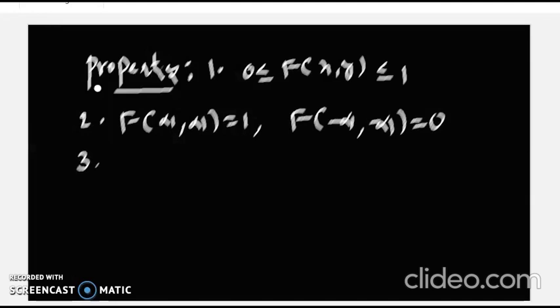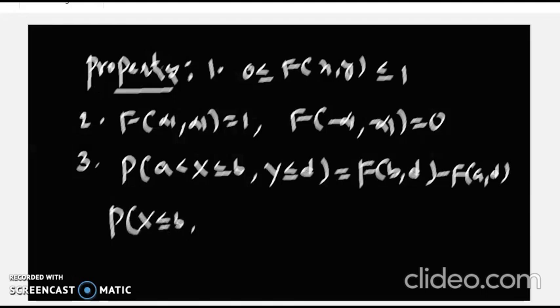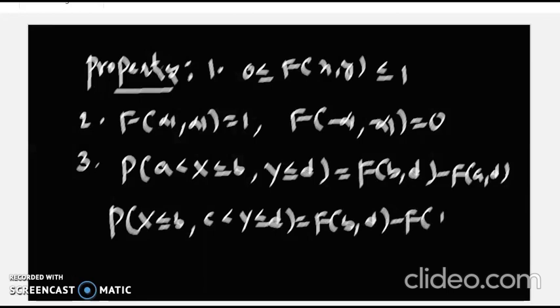Third one is the probability of a less than x less than or equal to b, y less than or equal to d, which can be written as F of b comma d minus F of a comma d. And the probability of x less than or equal to b where y lies between c and d is equal to F of b comma d minus F of b comma c.